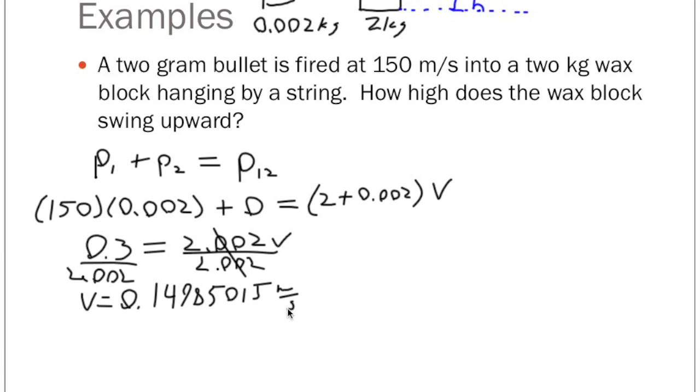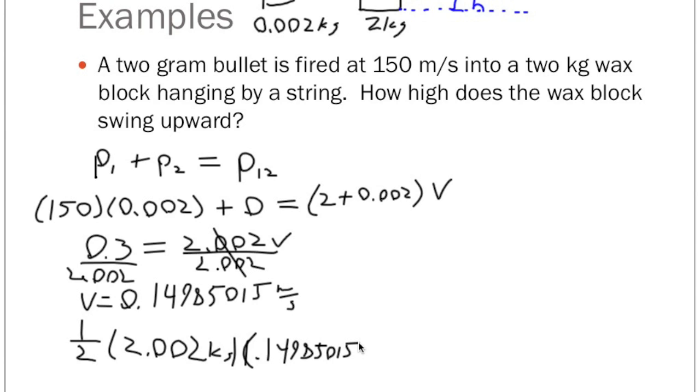So looking at our kinetic energy to start with, it'll be 1/2 mv squared. Well, afterwards, we have a combination, right? So it's 2.002 kilograms is going to be our mass times our velocity we just figured out, which is 0.14985015 squared, meters per second squared. All right, and so that should be our kinetic energy.